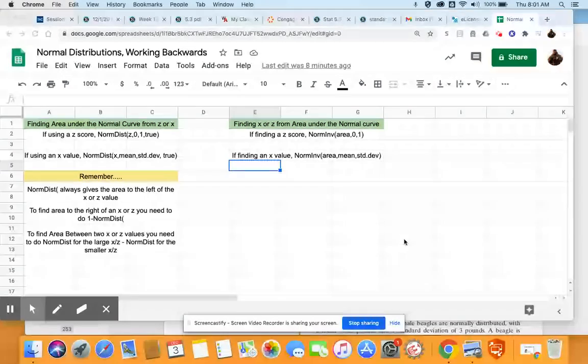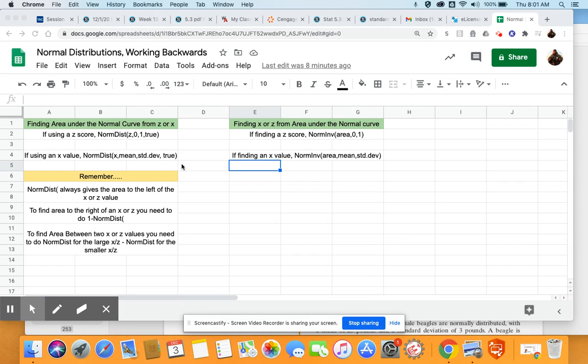So let's do a quick review here of how we've been using Google Sheets to find areas under the normal curve first. And to do that, we were using this function called normal distribution. The inputs for normal distribution, if we're using a z-score to find a corresponding area, would be to input z, comma, 0, comma, 1, comma, the word true.